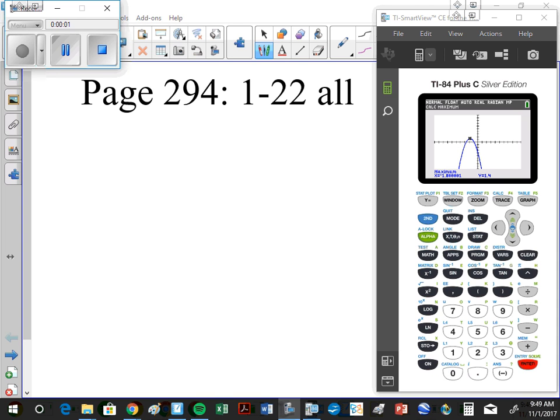We are going to be using synthetic division again. Just as a reminder, when does synthetic division work? When you have a single root in the bottom and it's not a fraction. Now that's not totally true. If my denominator was 2x plus 1, then synthetic division isn't going to work.